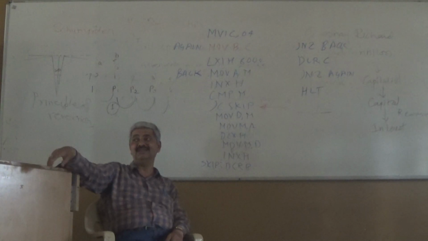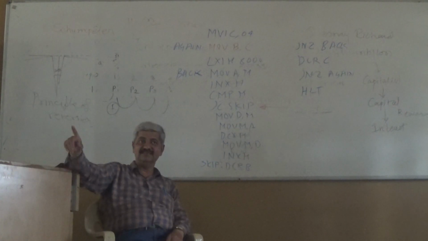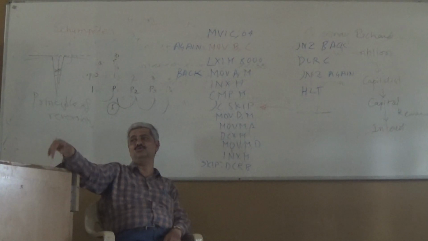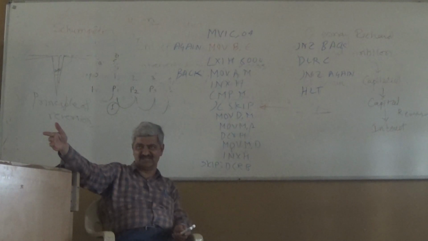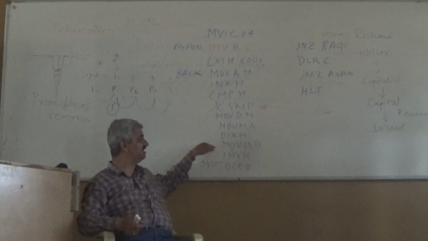And if both are equal, carry is reset, zero is set. So in case of equal, what do I need to do? In case of equality, I need not exchange. But since carry is not set, it is doing this unnecessary exchange.